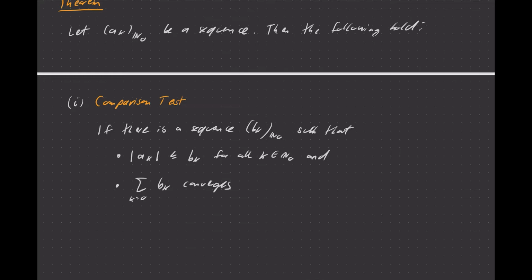And you can see from the first condition that, of course, the b_k have to be non-negative. So this series also converges absolutely because there are no negative b_k. So these two conditions are satisfied. Then the comparison test tells us that the series of the a_k also converges, and it even converges absolutely.